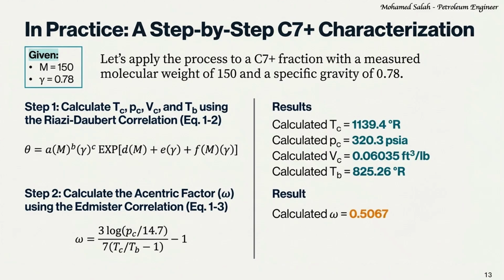Step 2 then uses the Edmister correlation, which is a function of the critical properties, to calculate the acentric factor omega. The resulting calculated properties, such as the acentric factor of 0.5067 in this example, are then used as the pseudo-component properties in the equation of state model, enabling accurate simulation of the reservoir's fluid behavior.